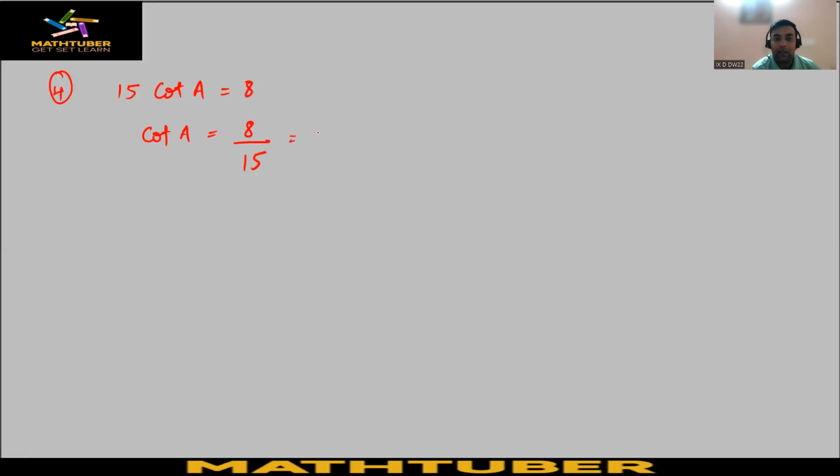And we know that cot A is actually equal to base upon perpendicular. So we can multiply because it's the ratio. I have told you that we can multiply both numerator and denominator by k, because k is the common ratio here.